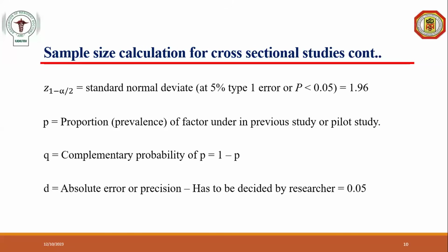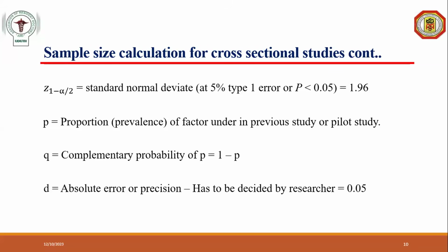Then P in the formula is the proportion or the prevalence of the factor under study, from a previous study or a pilot study. So now, let's say you want to find the prevalence of malaria among pregnant women in UDUTH.